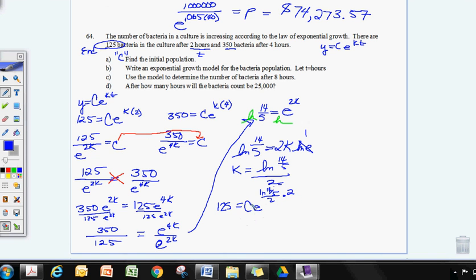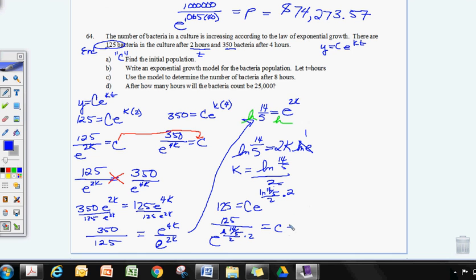Now, to get this C by itself, I'm going to take 125 and divide it by e^((ln(14/5))/2 times 2). And that's going to be my C value.